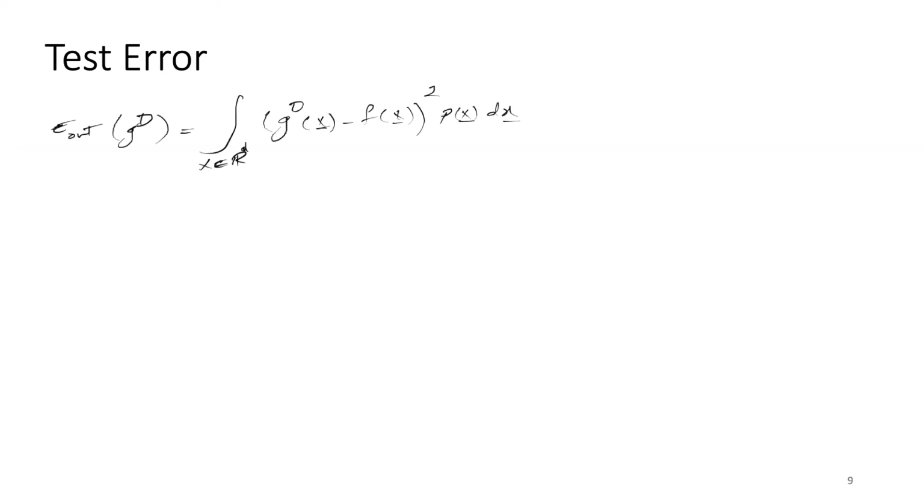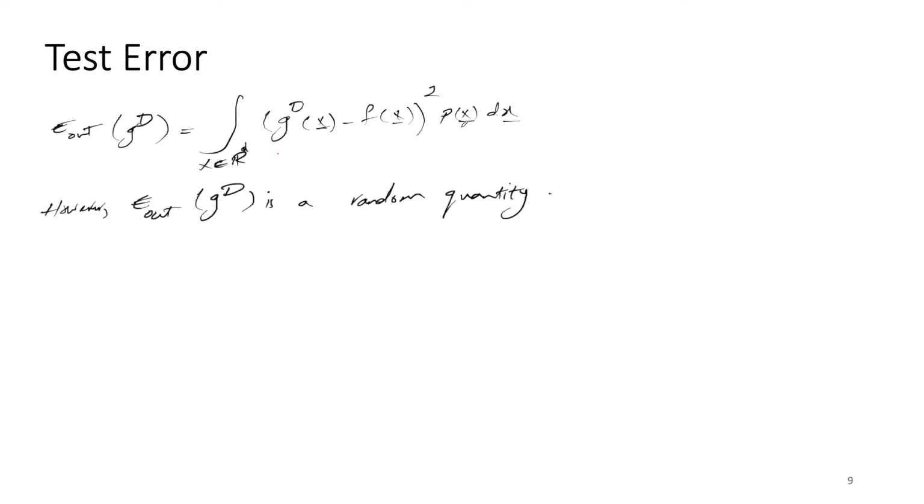So let's talk about the test error, the out of sample error for your g of D. Just like the previous case, we need to compute the area that this function shows, g_D(x) minus f(x), the difference between your estimation and the real function over your data set, p(x) dx.